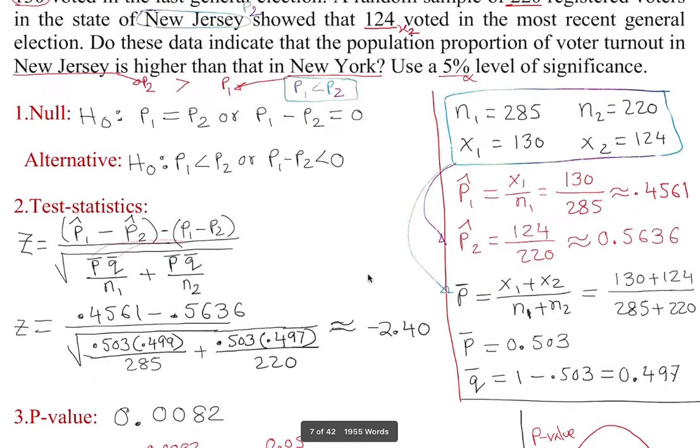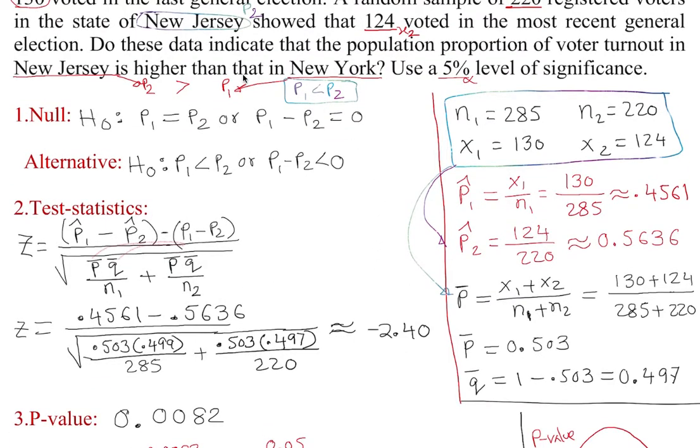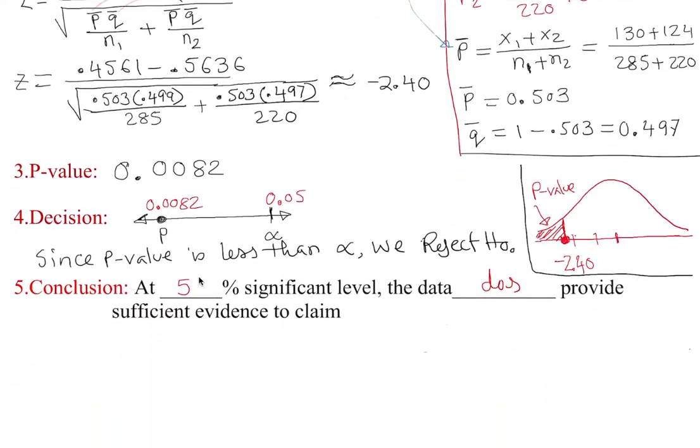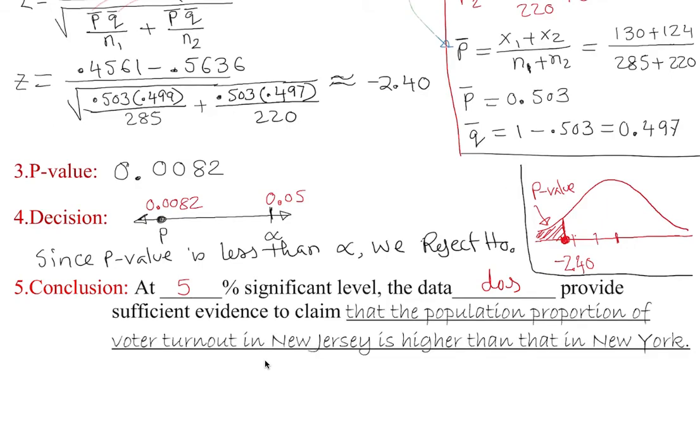This is the last sentence: to conclude that the voter turnout in New Jersey is higher than in New York. That's how we write down our conclusion. This is always the standard way of writing a conclusion. That the population proportion of a border town in New Jersey is higher than in New York.